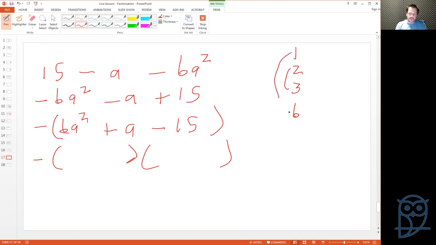So there's my pairs. Factors of 15: 1 and 15, 3 and 5. There's my pairs. So I need to pick one of these two pairs to be on my left, one of these two pairs to be on my right. I need, again, a coefficient of 1, so we're probably going to want ones that are quite similar.